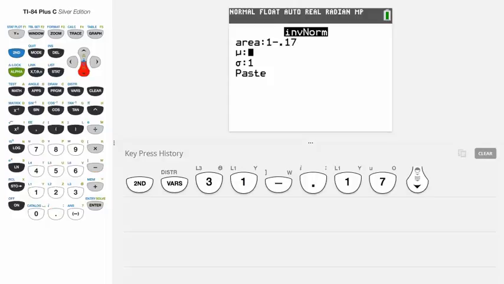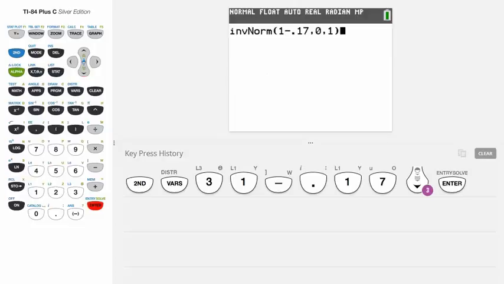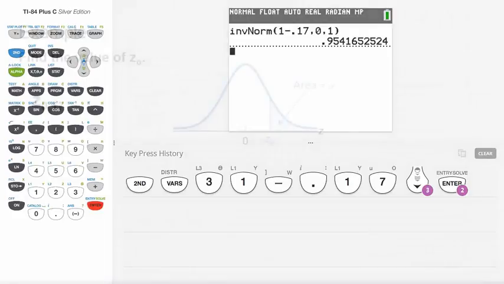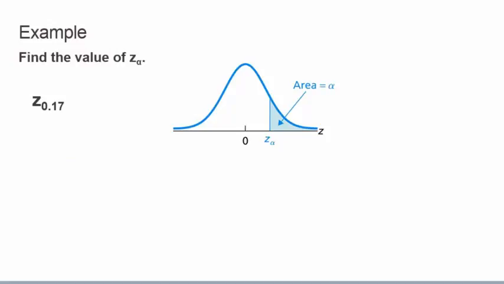I want to leave my mean at 0, my standard deviation at 1, enter, enter again, and I get a z-score of 0.95. Z sub 0.17 equals 0.95.